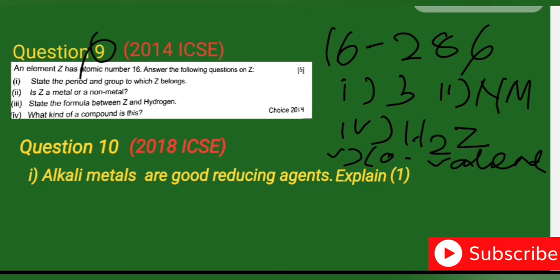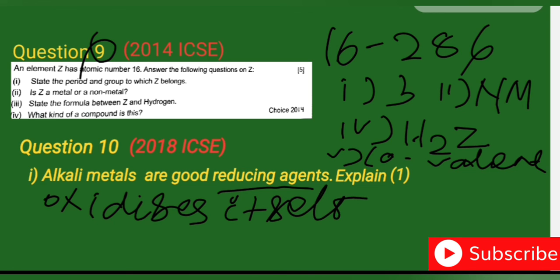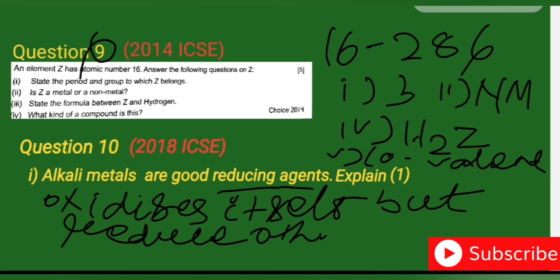Now the question is: alkali metals are reducing agents. What is a reducing agent? A reducing agent means the element oxidizes itself but reduces others. So why are alkali metals good reducing agents?